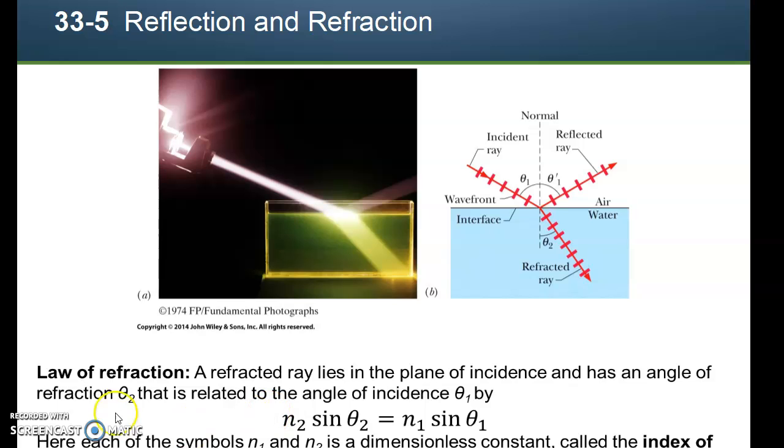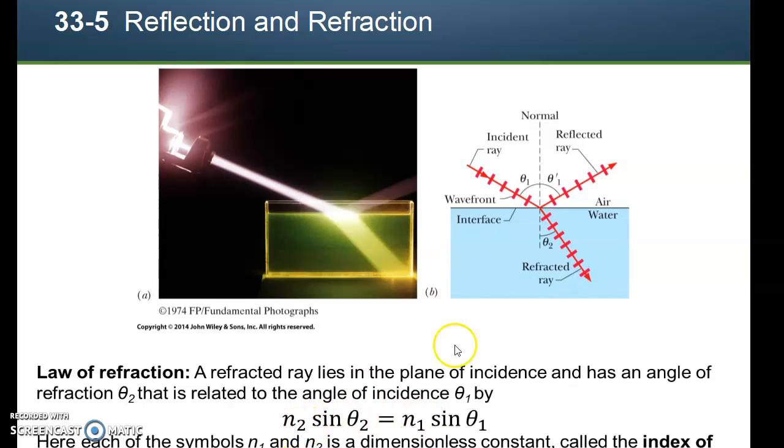For the law of refraction, it's a bit different. This is going to involve the refractive index, or index of refraction, of these two different materials. So a refracted ray lies in the plane of incidence and has an angle of refraction theta 2 that is related to the angle of incidence by this equation right here.